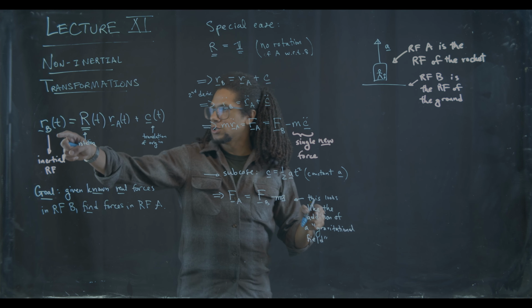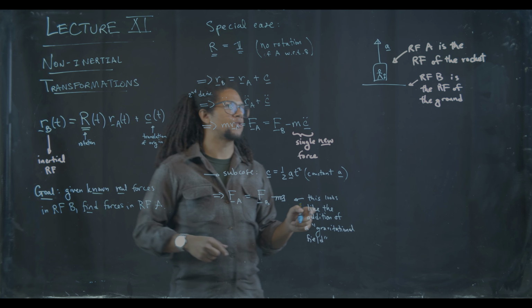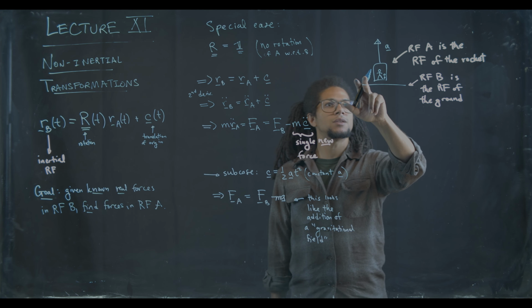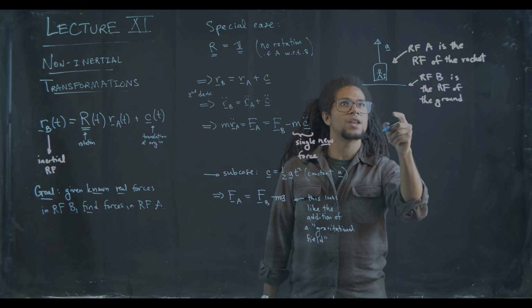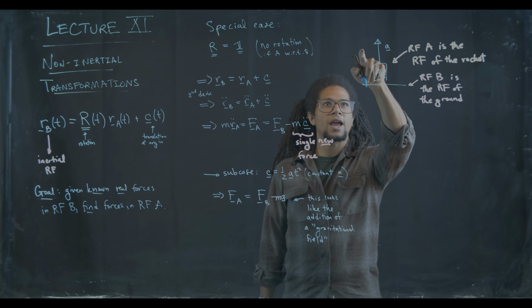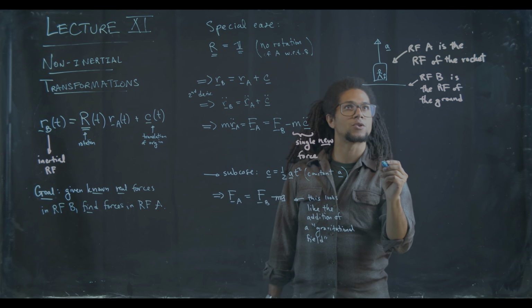First, we're going to need to figure out the relationship of the B reference frame to the A reference frame. But that's relatively easy because the A reference frame follows the trajectory of the rocket. So I know that the origin in the A reference frame goes up. So let me maybe draw this out.